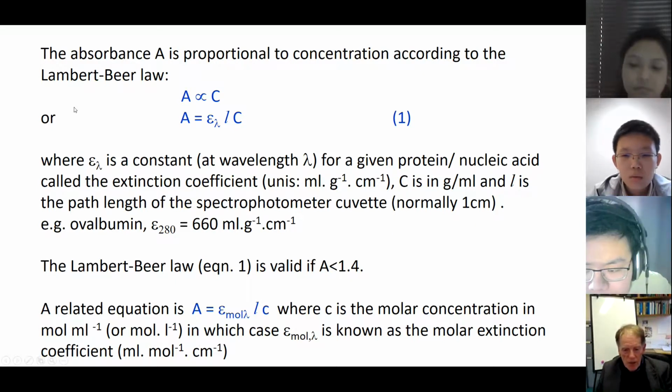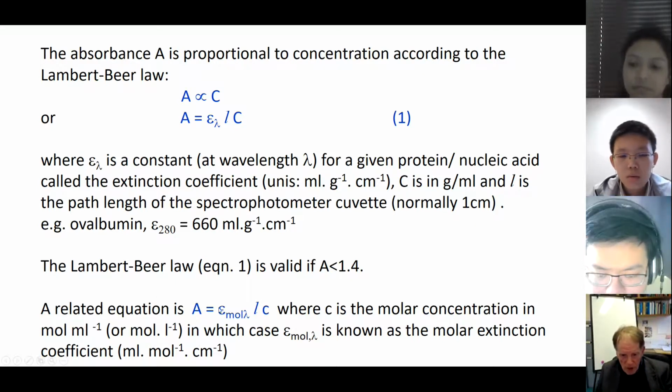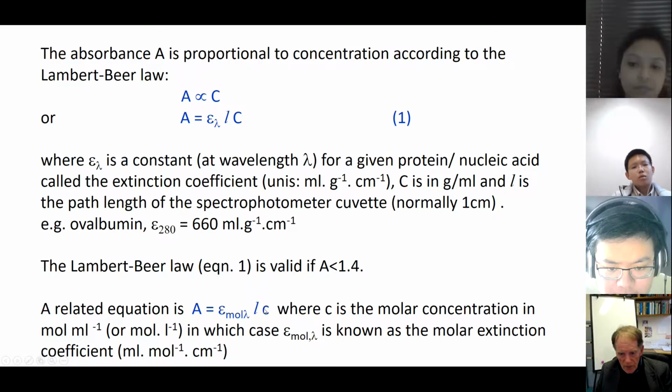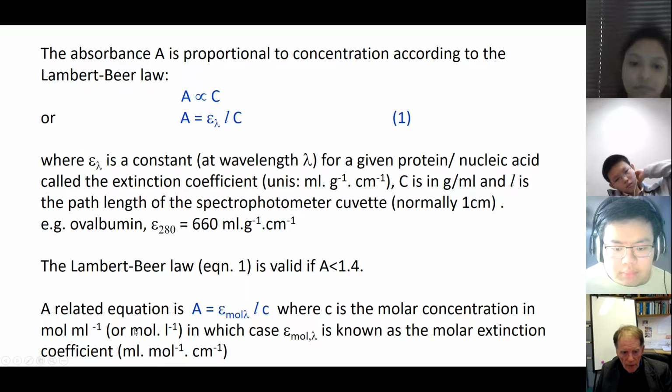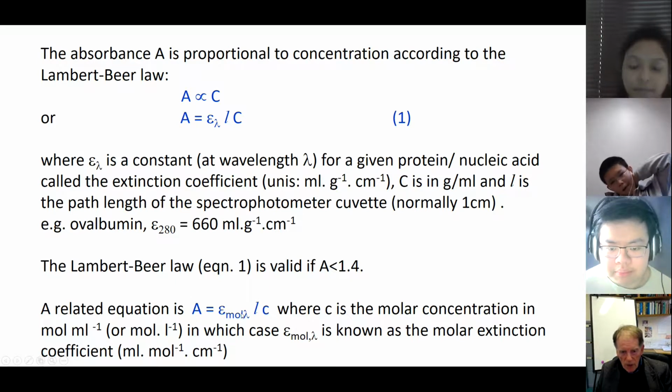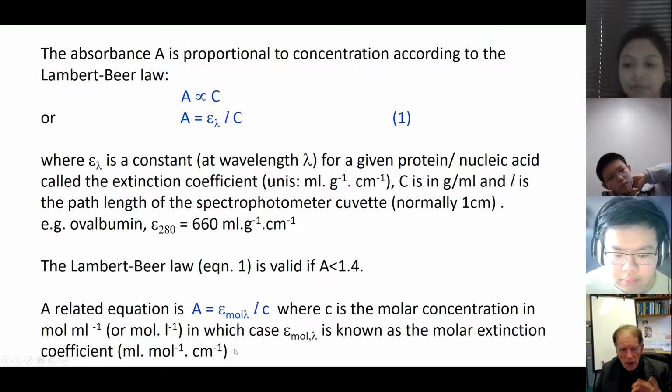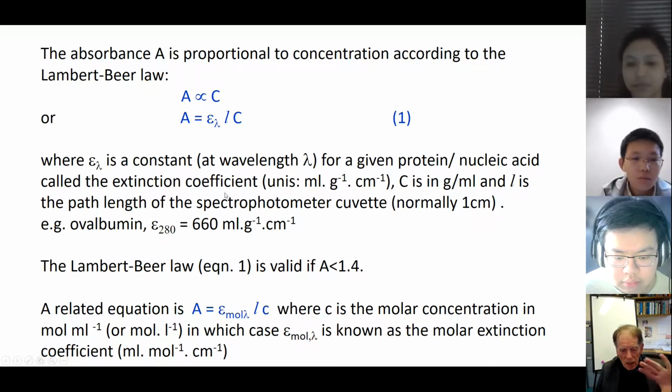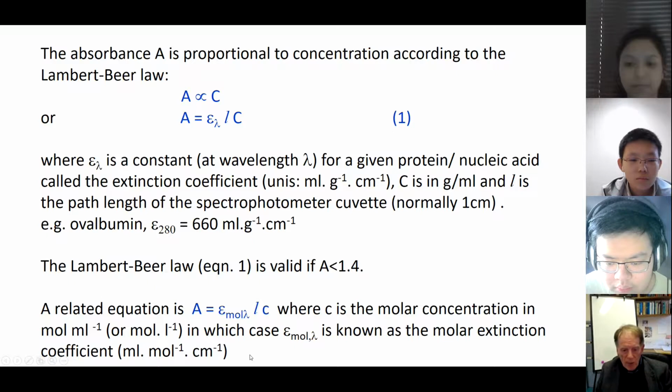And we can also use what's called a molar extinction coefficient, which relates to the molar concentration. The molar extinction coefficient and standard extinction coefficient are related by the molecular weight. There's a molecular weight correction factor you apply to switch from one to the other.